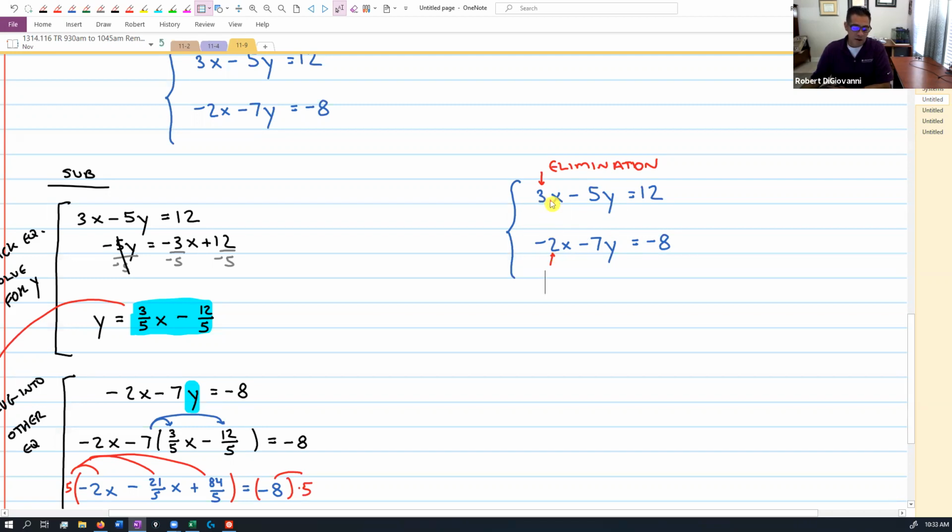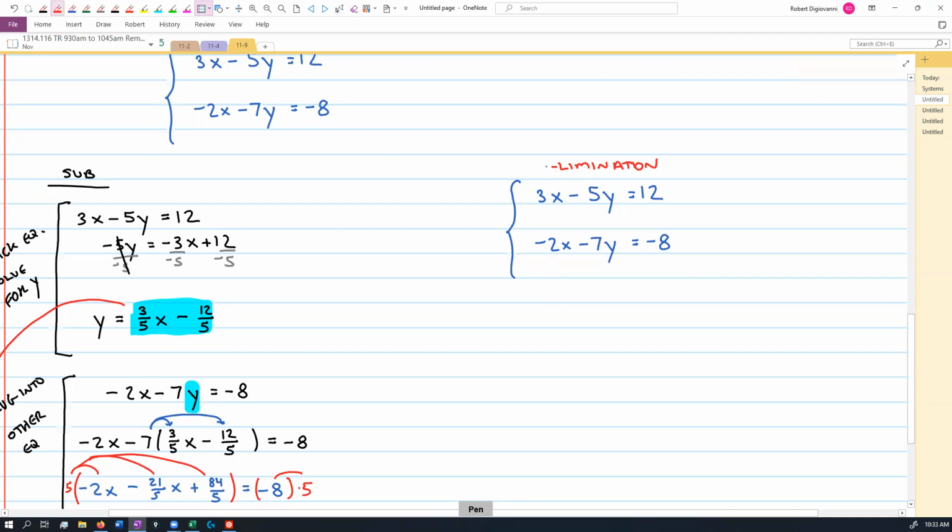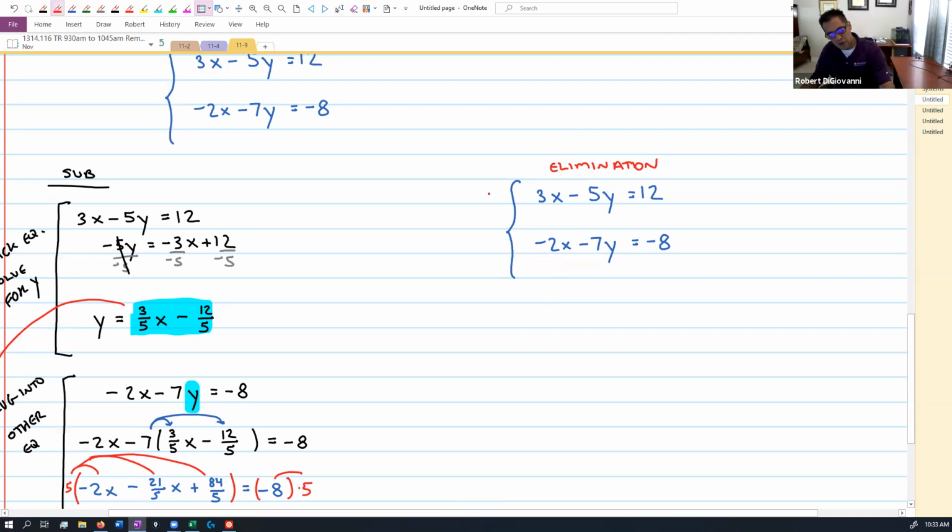So how would I turn 3X into 6X? Multiplying it by what? 2. Okay, so I'm going to multiply the top equation by 2, but I'm then going to multiply the bottom equation by 3, not negative 3, positive 3.